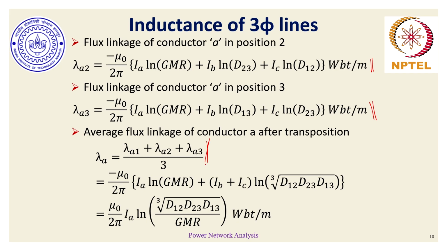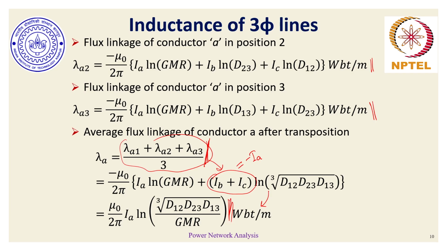So if the average flux linkage of conductor A is to be obtained after all transposition is done, then we have this expression here, which gets simplified to this. And remember, our system is balanced, so IB plus IC is equal to minus IA, which if rewritten gives us this beautiful expression.